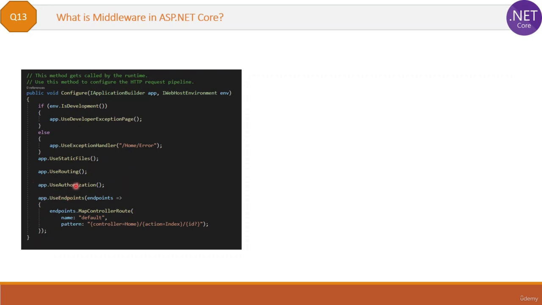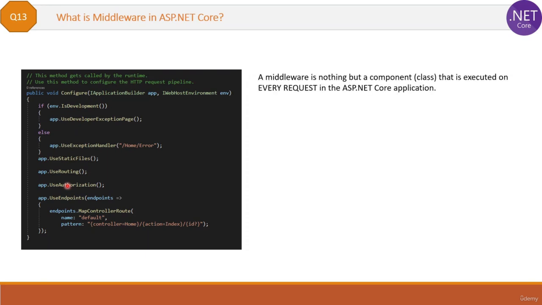So now you know these are the middlewares provided by the .NET Core framework. A middleware is nothing but a component or class that is executed on every request in the ASP.NET Core application. So all these methods inside Configure are middlewares, and they will execute on every request.